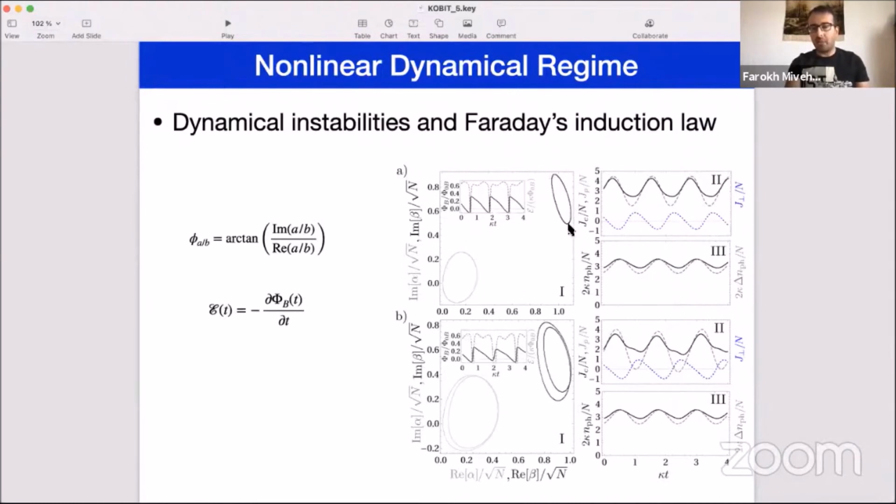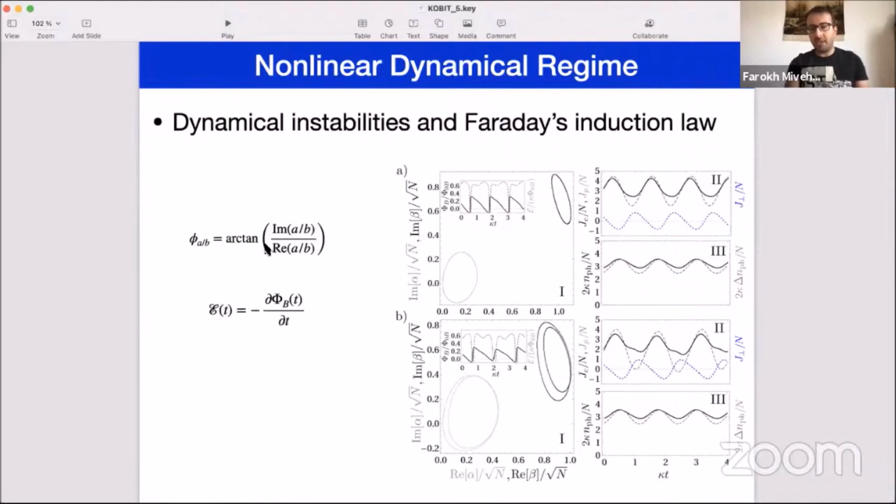So this is the mode A and this is the mode B. As you can see, this is a long time. This figure shows only the long-time behavior, and it shows a periodic behavior. As a consequence, the phase of the fields changes periodically in time.